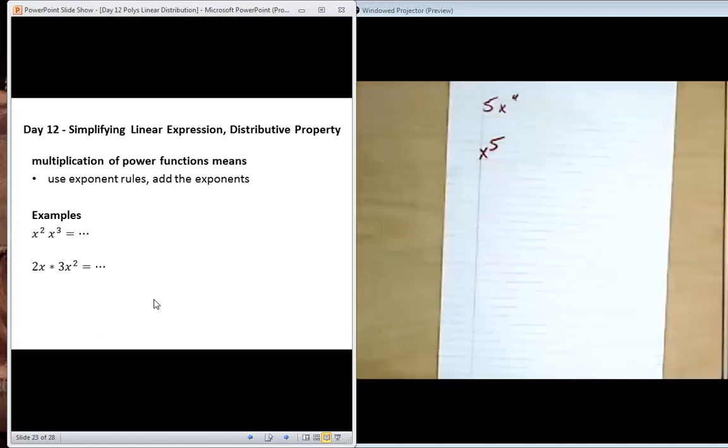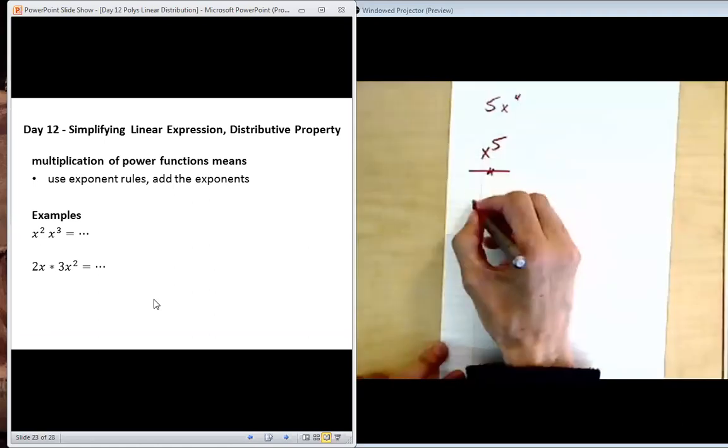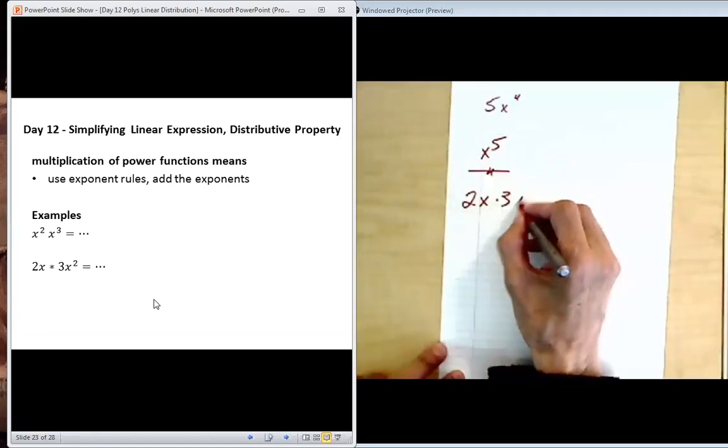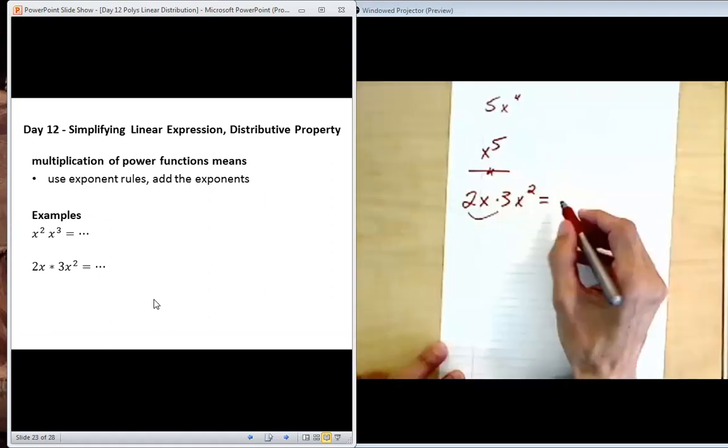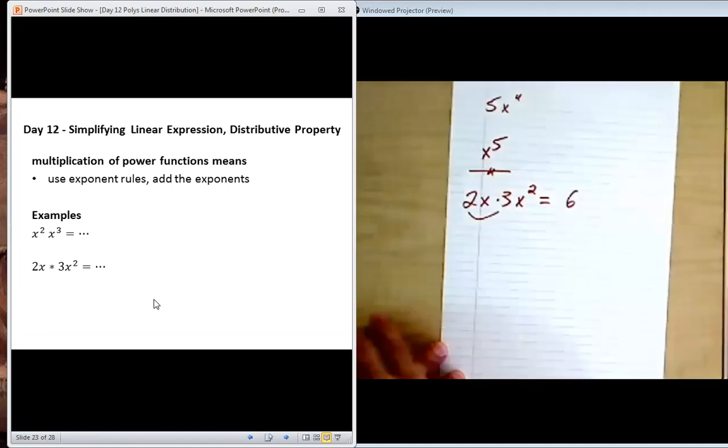So this, 6x, not bad. We got the 6 part. Now we got to worry about the exponents. So watch this. 3x squared. So 2 times 3, that gives 6 there, right?